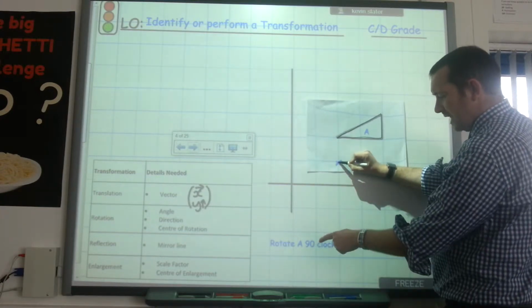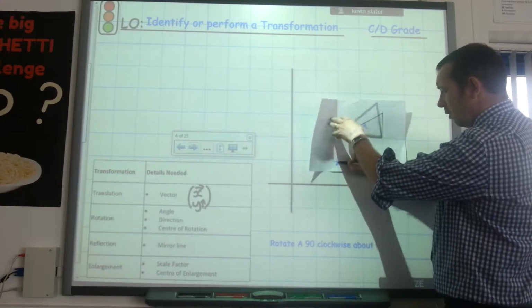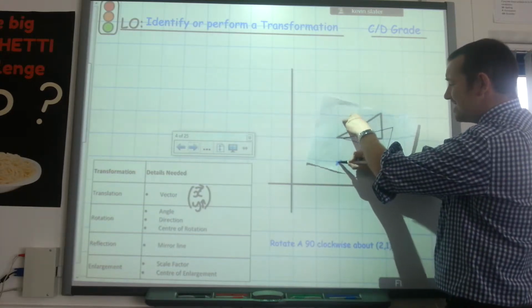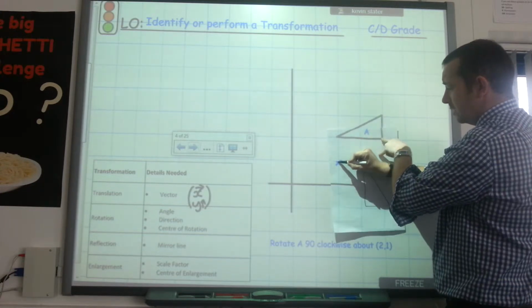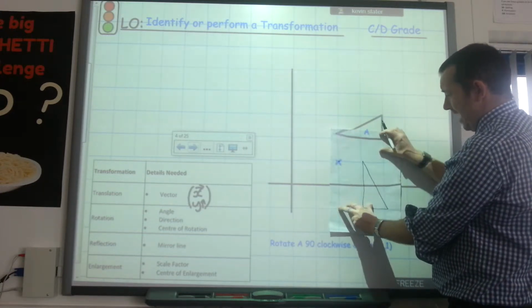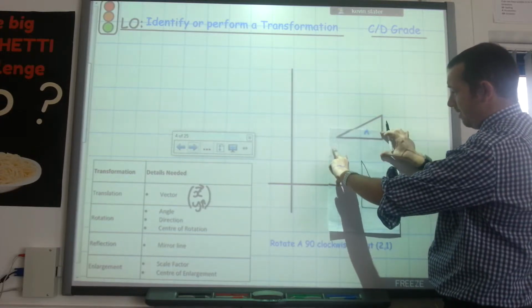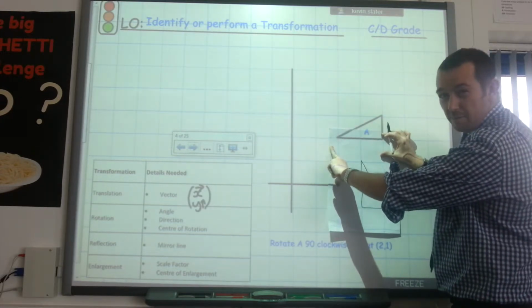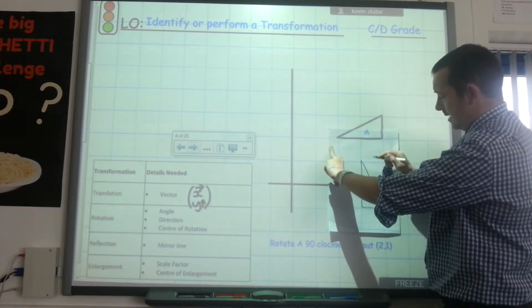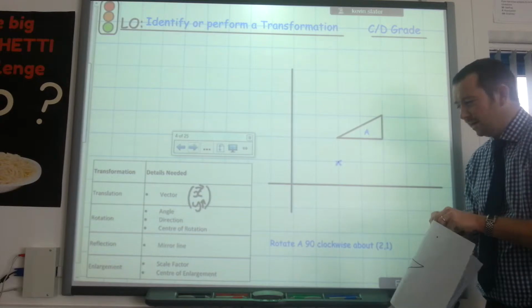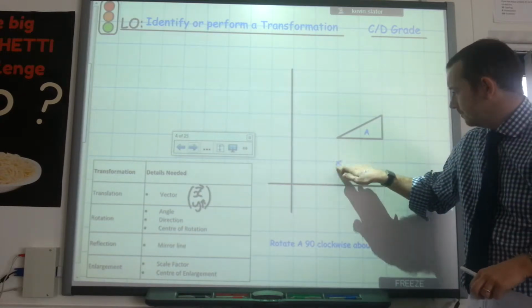It says to rotate A 90 degrees clockwise about 2, 1, so it's about that point there. I'm going to rotate the paper 90 degrees clockwise, so my shape will end up there. Now I need to lift up my tracing paper and draw it on there. But I'm rotating the paper rather than thinking about the shape rotating. I'll draw that on there. So always ask for tracing paper if you need it in the exam. Okay?